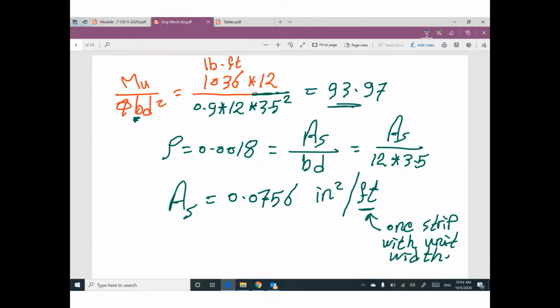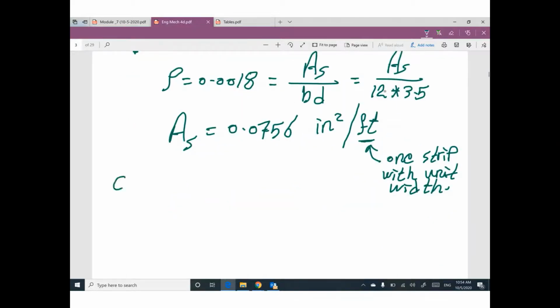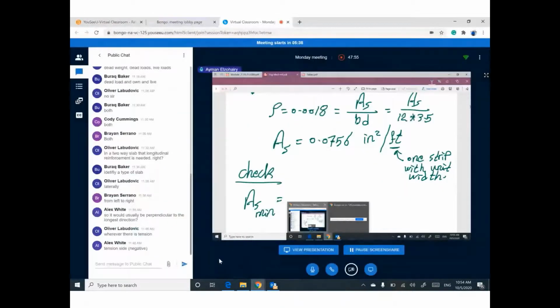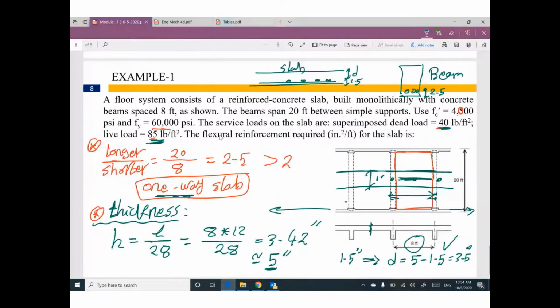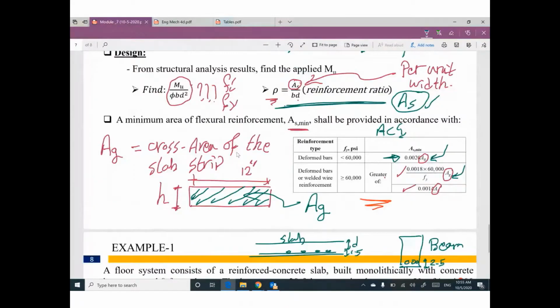We need to check area steel minimum. Go back to this table. Are you here or here? I believe your steel reinforcement is with f yield 60,000, so we are here.